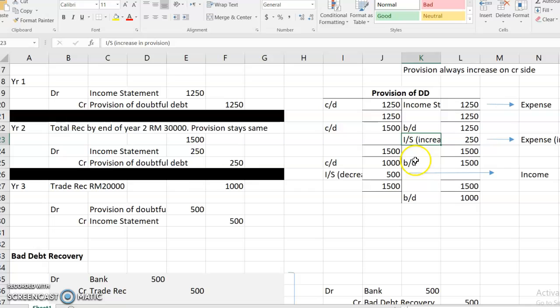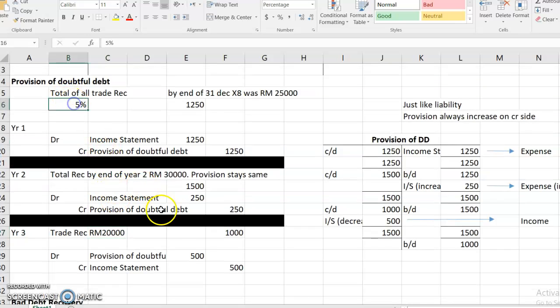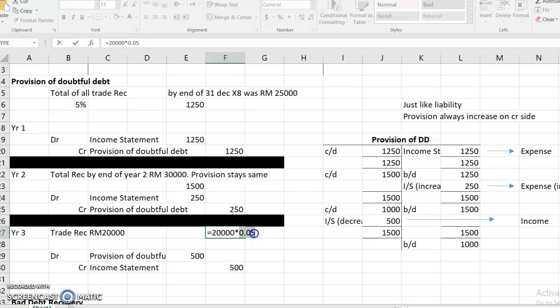Then next year, let's say our trade receivable decreased to 20,000. We take 5% of 20,000, which is 1,000. So we want our balance carried down to be 1,000. From last year it's decreasing to 1,000. We will write 500 on this side, because if you calculate, this side is bigger. So we make this side equal to this side, which is 1500.